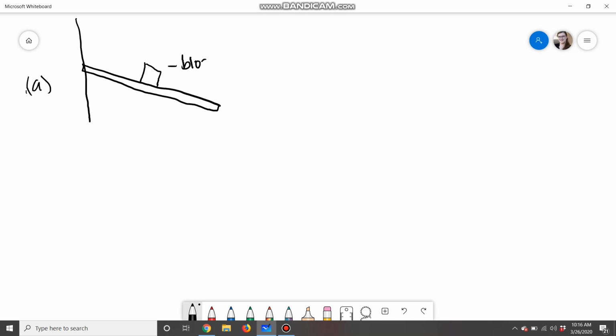So I'm labeling. The only thing that we actually needed to measure in that experiment was our angle at which the block started to slip.